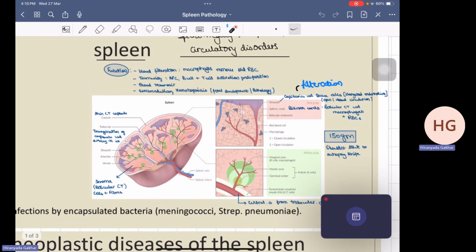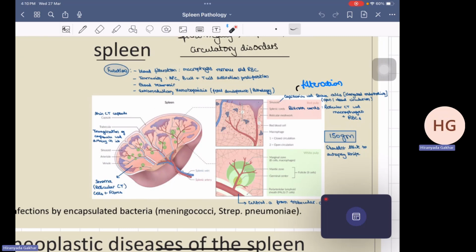Now, the spleen has a few very important functions. One of the most important functions is blood filtration. The macrophages in the spleen remove the old red blood cells. Along with that, it plays a role in immunity, where it has the antigen presenting cells, the B cells, and T cell activation and proliferation.